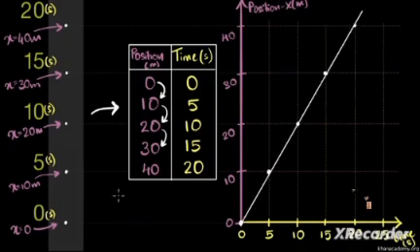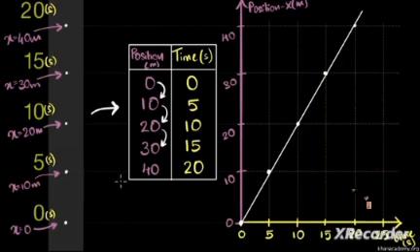So this means that when things are going at a constant velocity, their position time graph would be a straight line. And again, that's happening because at every 5 seconds, your graph is incrementing by the same amount, 10 meters. Another 5 seconds, 10 meters. Another 5 seconds, 10 meters. And that gives you a straight line.